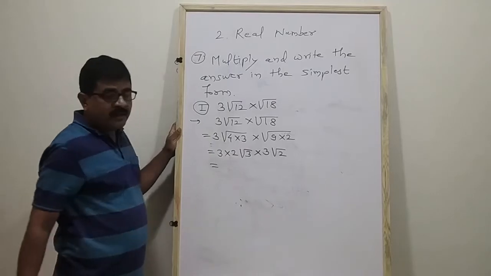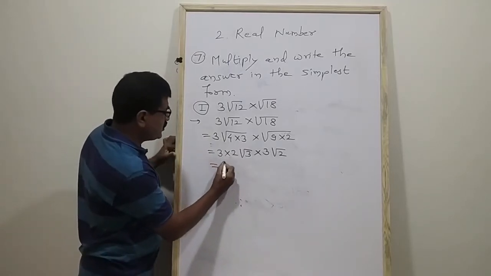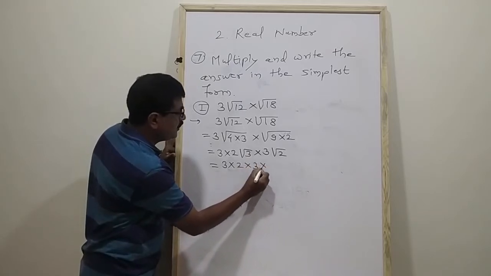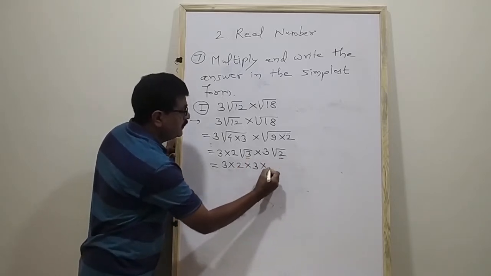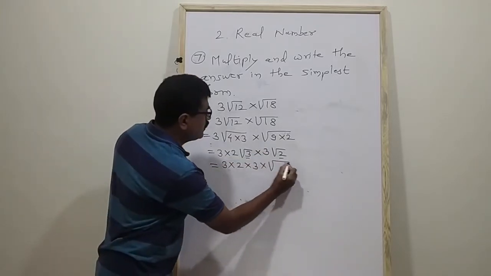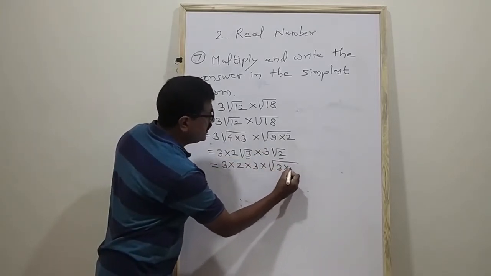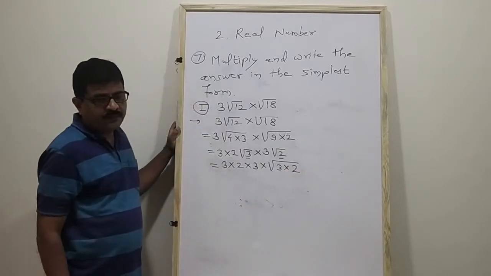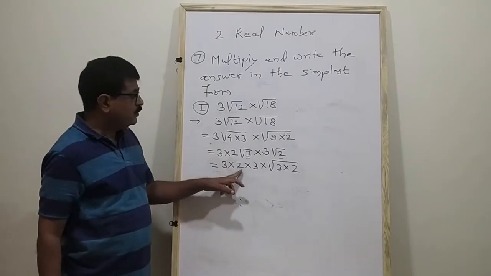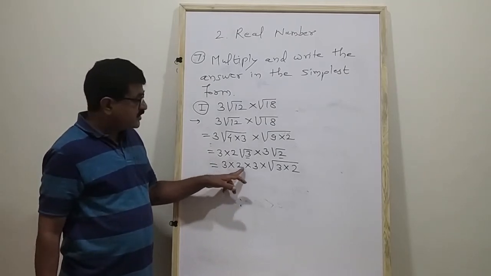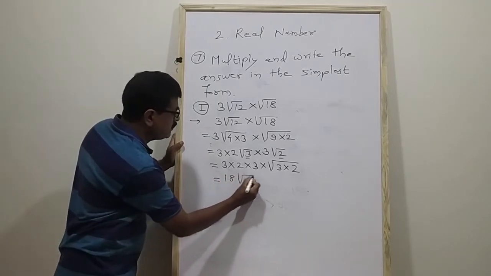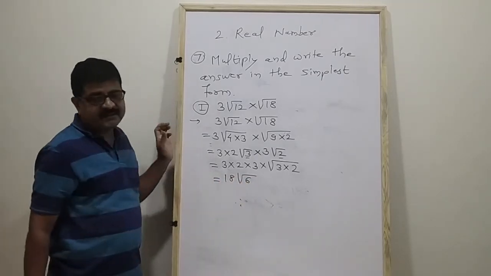is equal to, now take multiplication of this 3, we can write this as 3 into 2 into 3 into square root. Square root a into square root b is written as square root of a into b, that is 3 into 2, is equal to 3 into 2 is 6, 6 into 3 is 18 square root of 3 into 2 is 6.